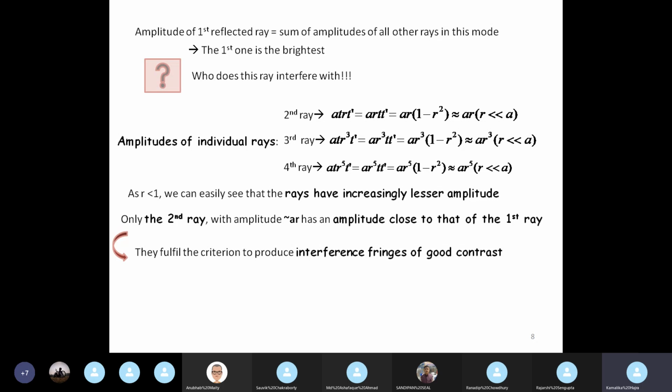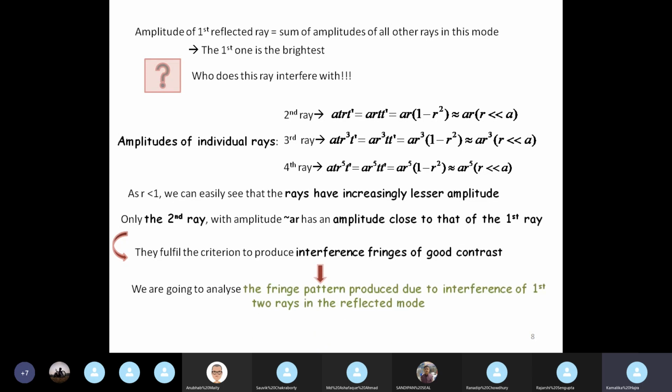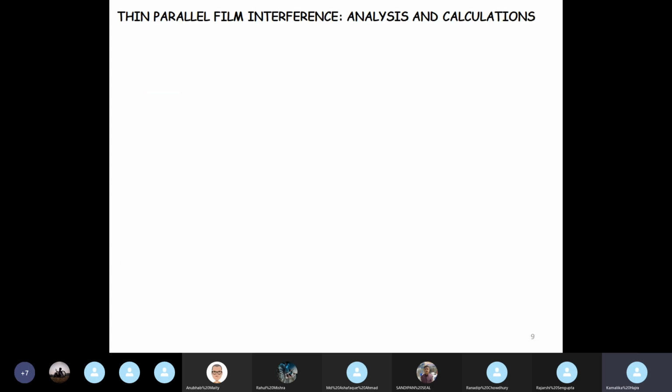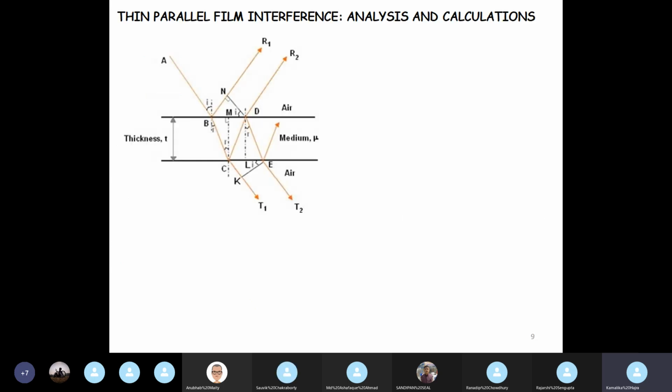Remember, to get interference fringes of good contrast, the rays that interfere must be of almost equal amplitude, and this is the only pair that fulfills that criterion. So we are going to analyze the fringe pattern produced due to the interference of the first two rays in the reflected mode. Okay. So when we do the calculation and the analysis, we will consider only the first two rays.